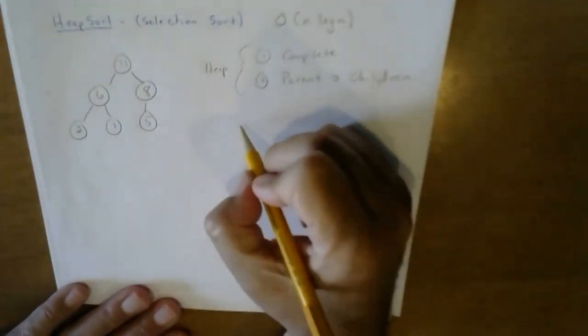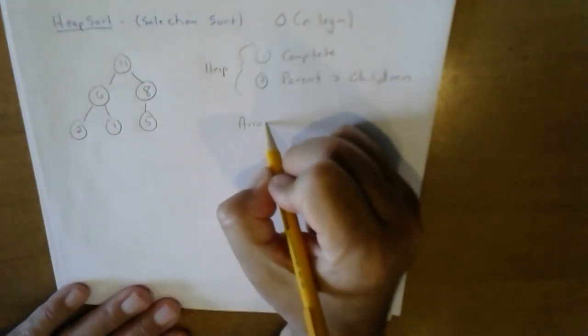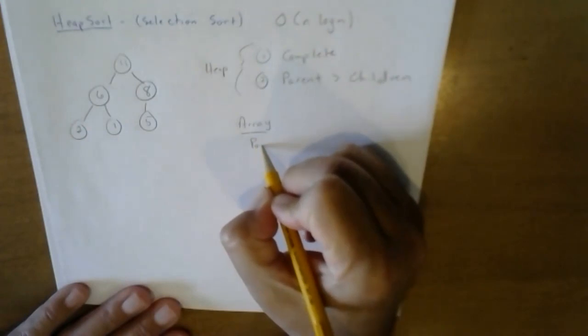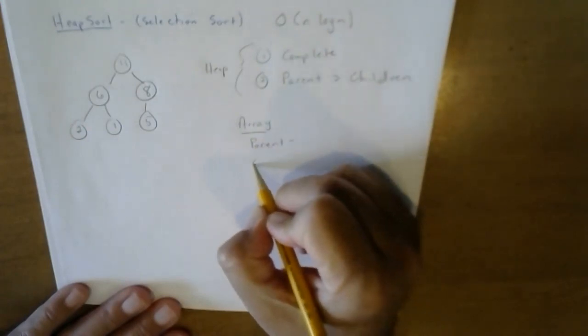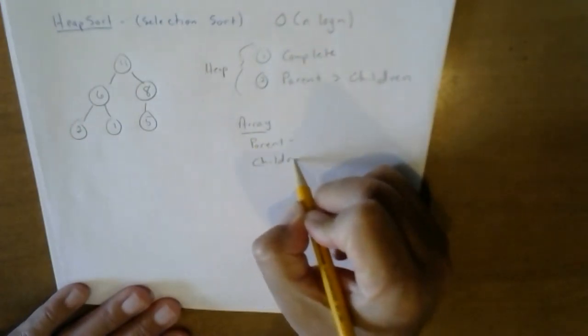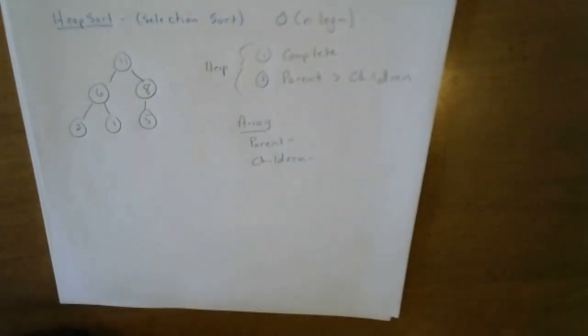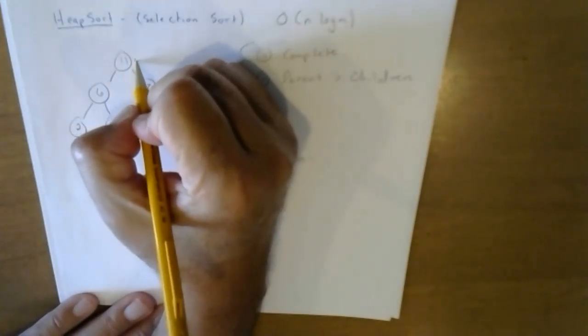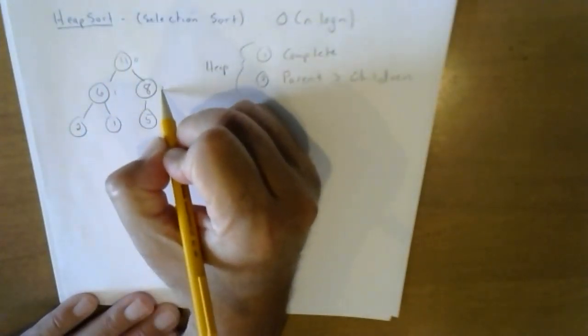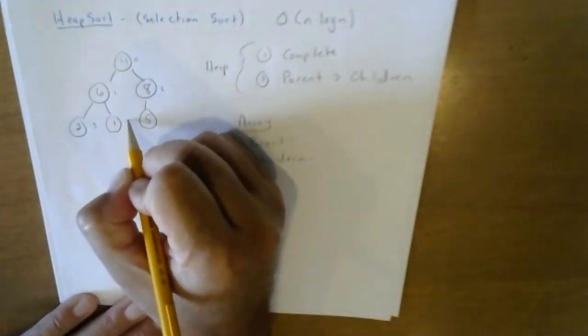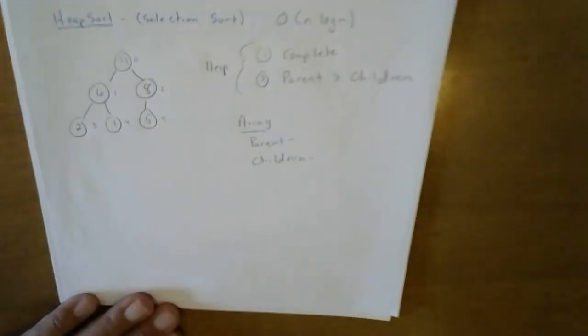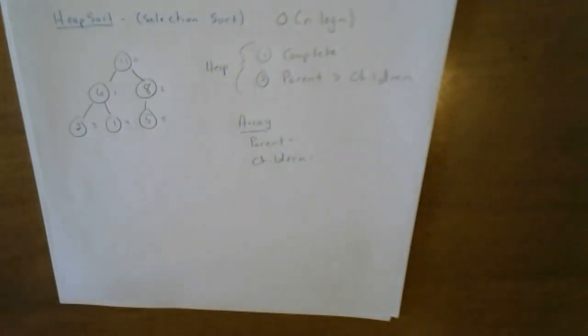Okay, staying on the topic of the array, we did this the other day. We took a look at where's the parent and where's the children. And we had formulas that went along with this. The parent, oh boy, this was 0, 1, 2, 3, 4, and 5. And does anybody recall what the formula was for where's the parent?